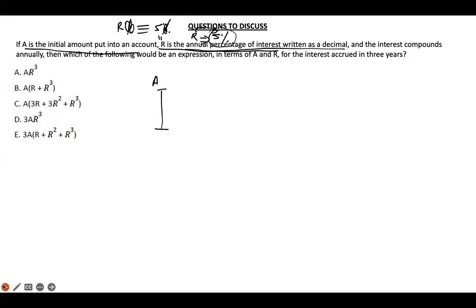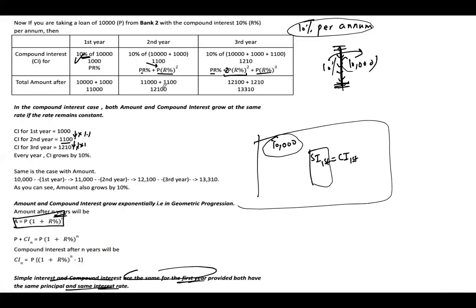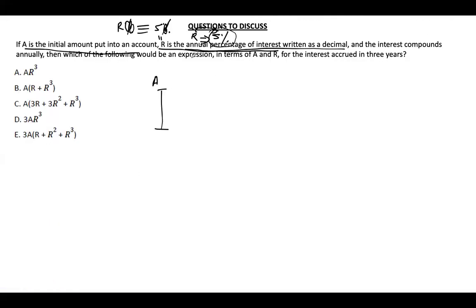Initially, we were writing R percent, as in the value of R is 10, so 10%. Here it is saying that the percentage sign is already included. Written as a decimal would mean the value of R is 0.05. Same thing.